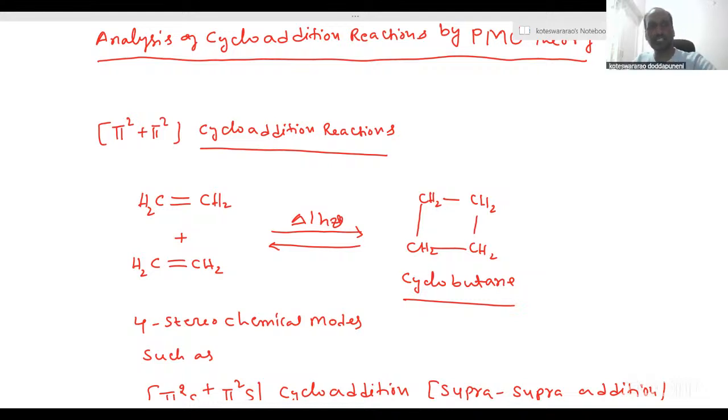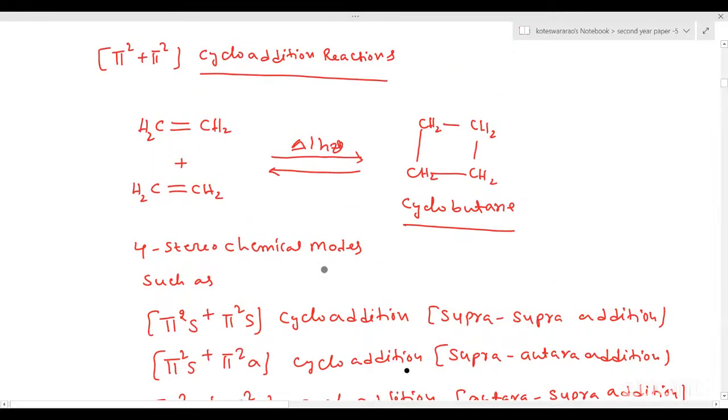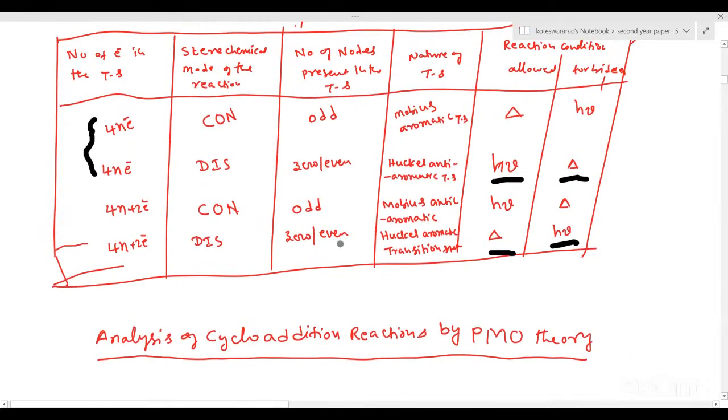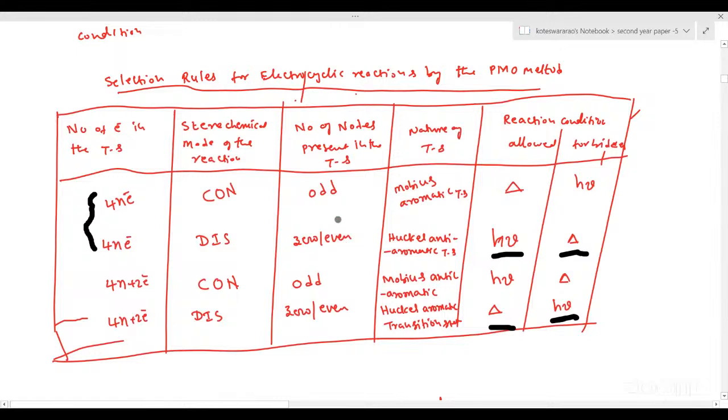Okay, what are you asking, please tell me. Sir, in case of 4n, that means 4 pi electrons, if n is equal to 1 in the electrocyclic reaction, here it is involving 4 electrons. If you want to conduct the reaction under conrotation, you need to apply the thermal condition only. If you apply the photochemical condition, it undergoes disrotatory cyclization.